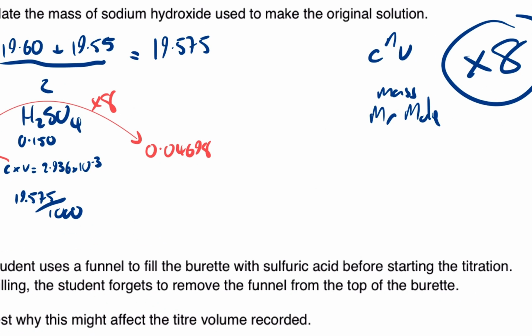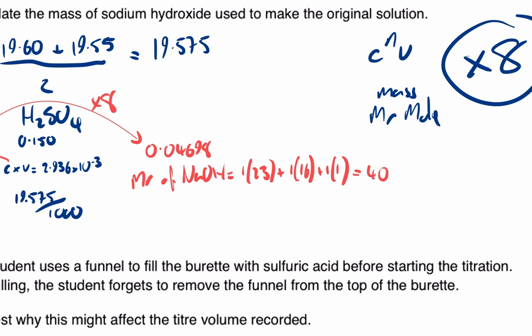Now I've got enough information to work out my Mr, and that means I'm going to be able to work out my mass in the original solution. So Mr of NaOH, if we look at our periodic table, we've got one lot of 23 for sodium, plus one lot of 16 for oxygen, plus one lot of 1 for hydrogen, getting us to 40.